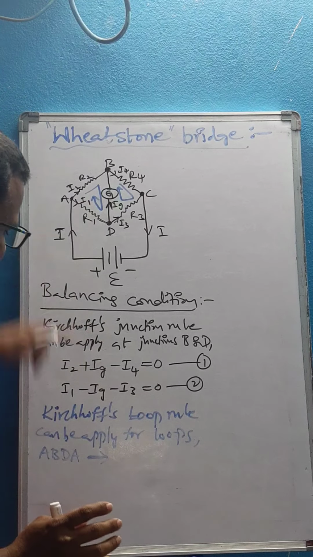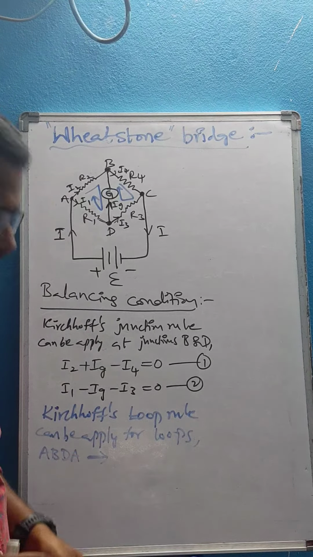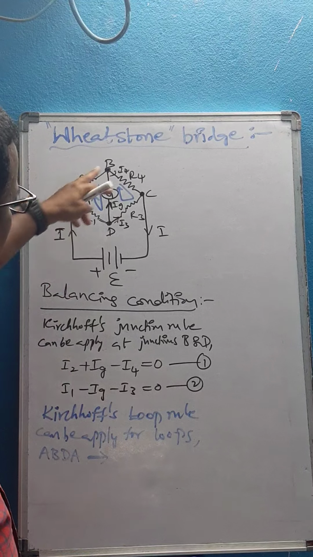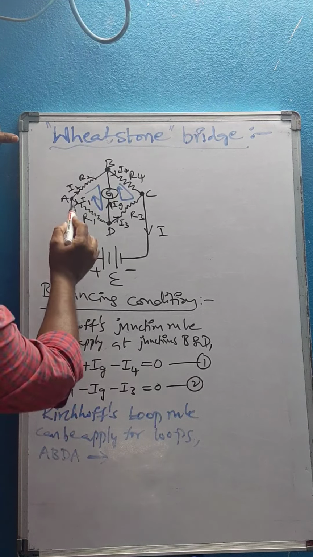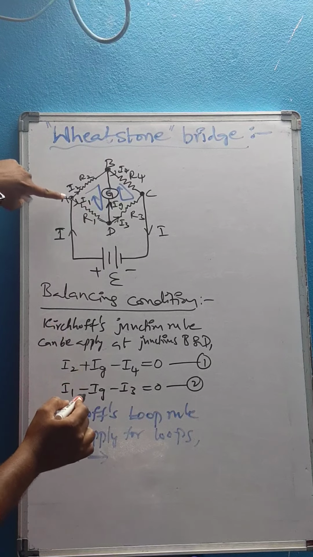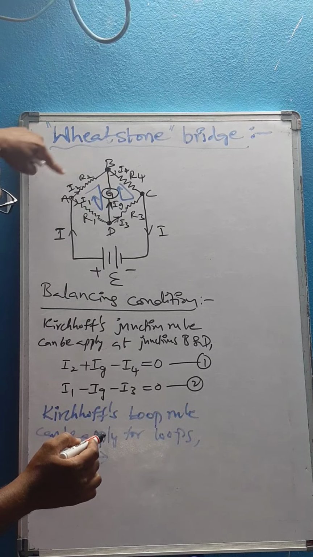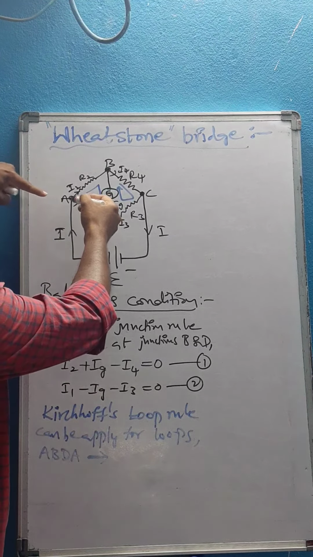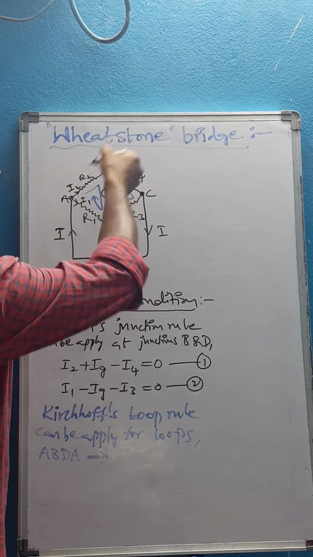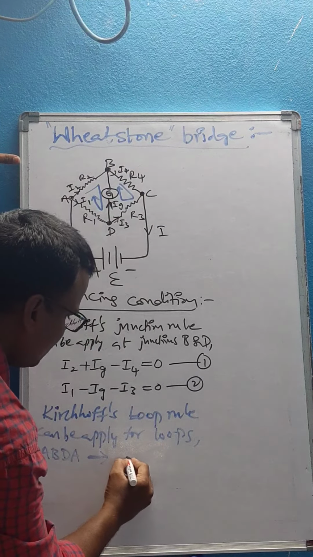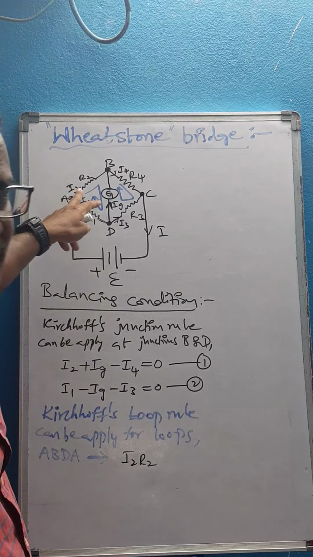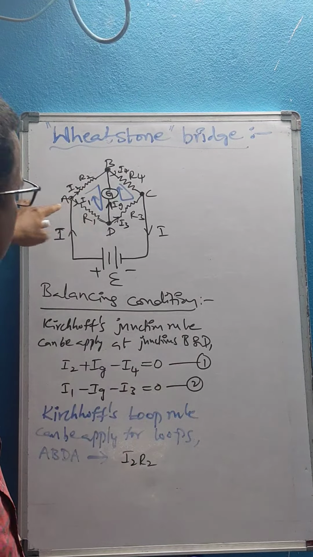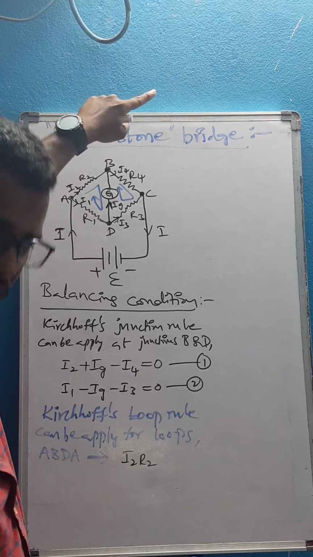So first, I can apply the Kirchhoff's loop rule for loop ABDA. I am starting from point A. Here I2 R2: I can move along the direction of the current, so I can write I2 R2, and I2 is taken as positive because I move along the I2 direction itself.